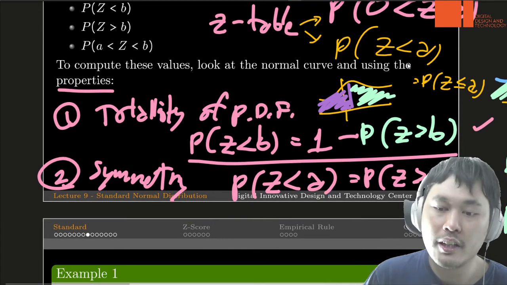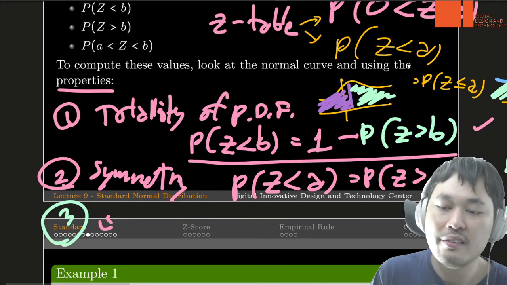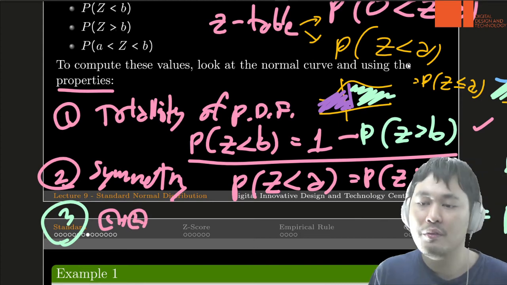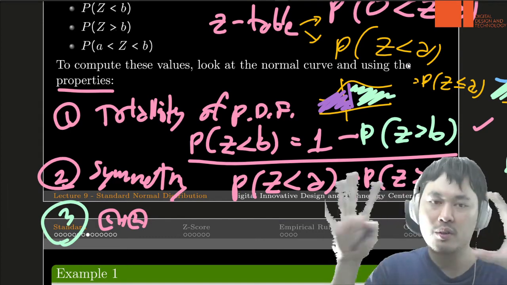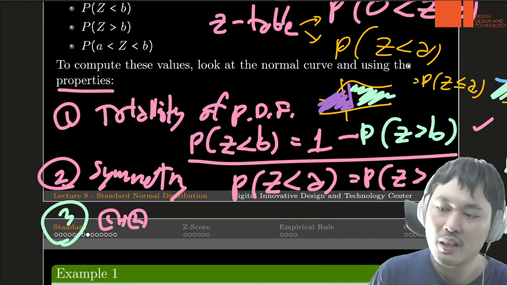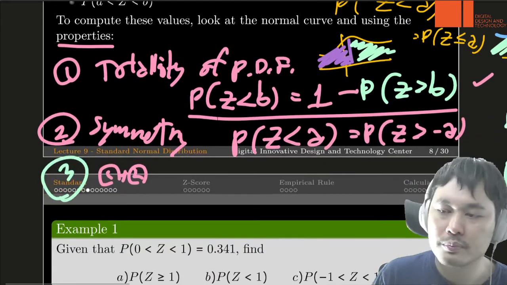And finally, the third one, which is also frequently used, is a combination of the first two. What happens if we use those two facts together? First we see that the whole area is 1. Second, we see that the area to the left and to the right have to be equal.